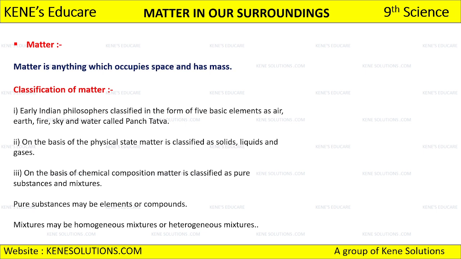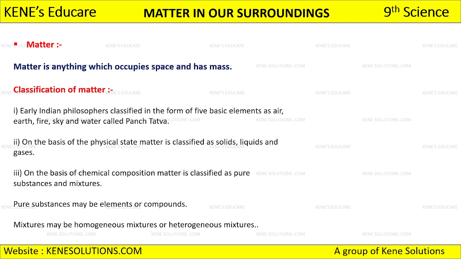Now, if I tell you how matter has been classified by the Indian philosophers into five different forms, can you name the five elements? It includes air, earth, fire, sky, water, right? All these five basic elements we call pancha tattva. When we further classify matter on the basis of physical state, we can classify it as solid, liquid and gas.